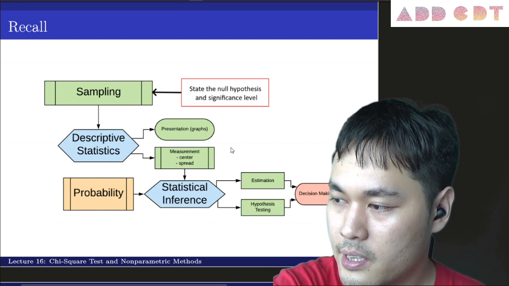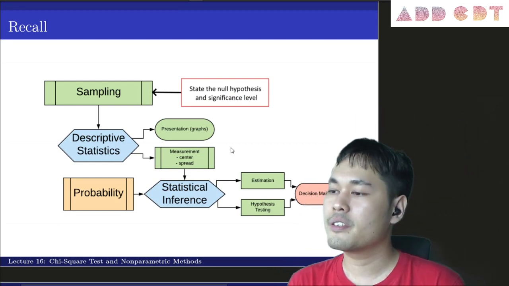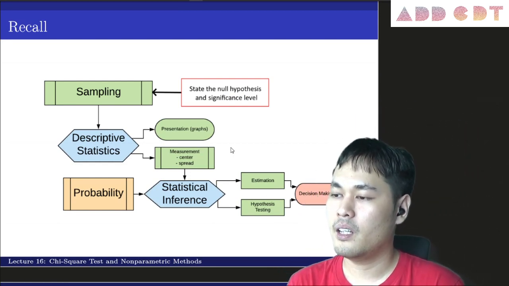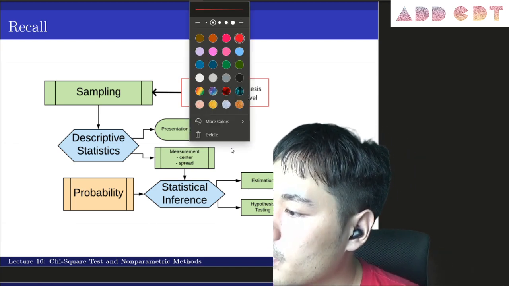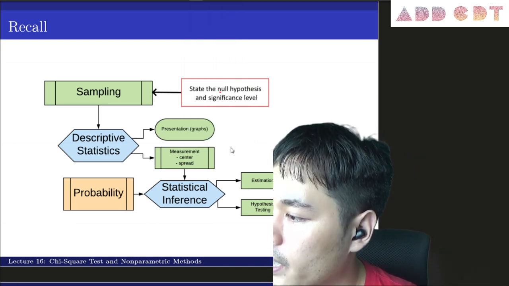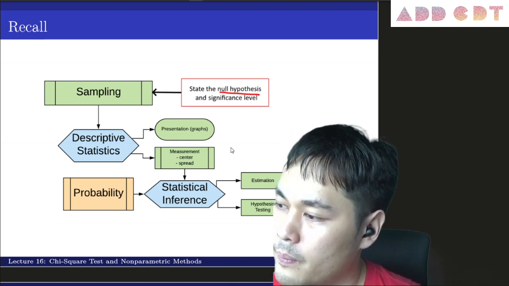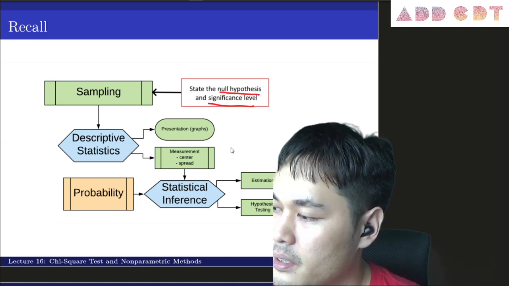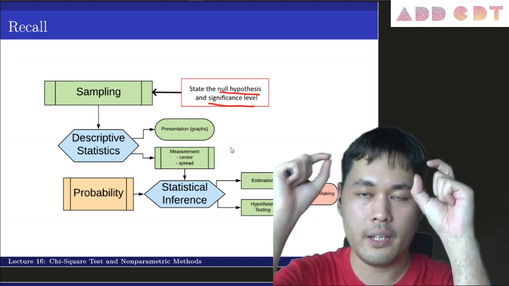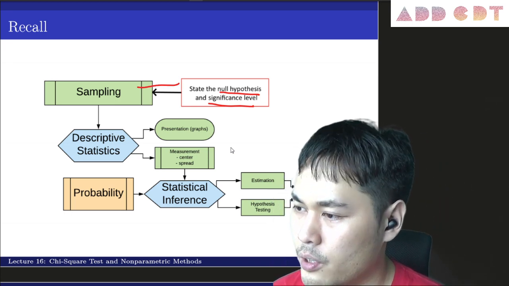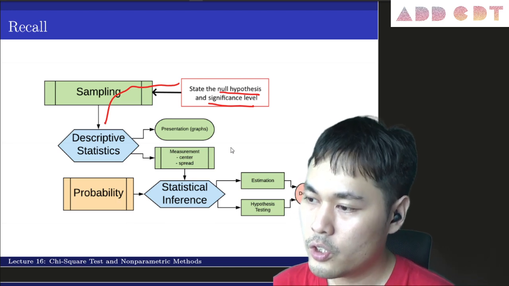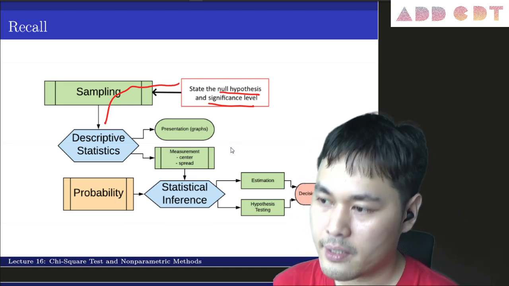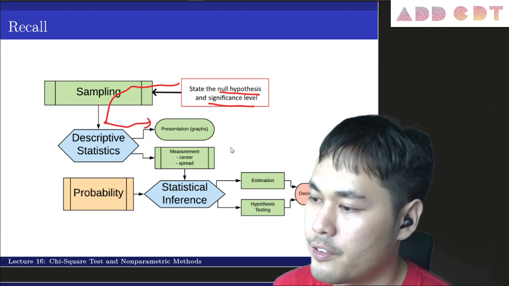So let's take a look at this nice flowchart, right? We start from the hypothesis and the significance level you want to set. Then you go right through: you collect samples, and you represent that set of samples as a nice graph.